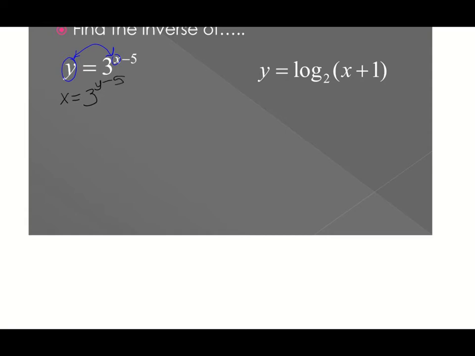Remember, my ultimate goal is to get y by itself, so I need to solve for y. If I want to solve for an exponent, I have to do the inverse. And remember, we just learned the inverse of an exponential is a log. So I want to take this and turn it into a log. To do that, I take my base and go down and around.